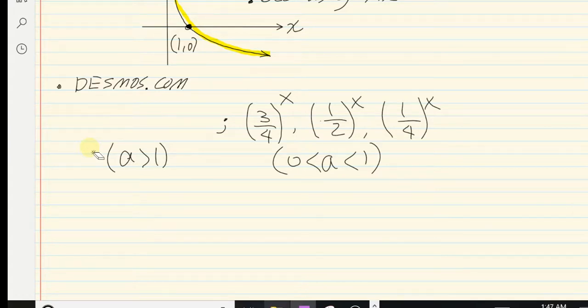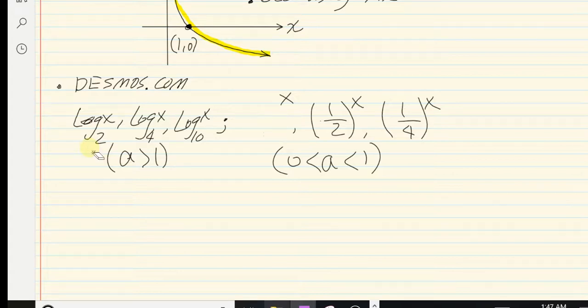For base a greater than 1, let's do log base 2 of x, then log base 4 of x, then log base 10 of x. All of those bases are greater than 1.